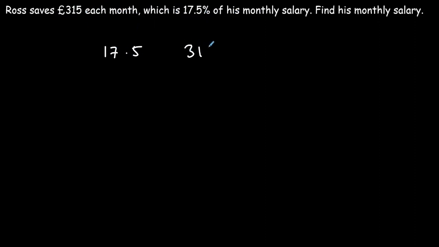So 17.5% is £315, and then we just proceed as usual. That's why it's important to read the question, because they're always going to be worded slightly differently, and then you have to determine which method to use at the beginning. So that's £18, and then 100% is just £1,800.